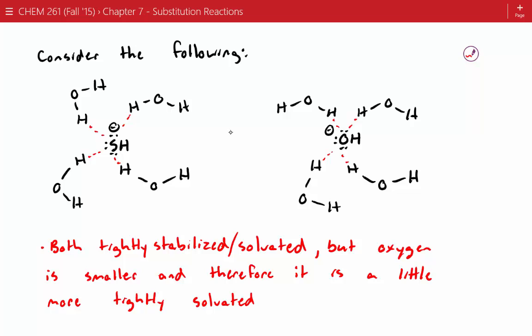You can think of this as a surface area to volume ratio, right? If you're smaller, you've got a really high surface area to volume ratio, which means you're going to interact with the outside world a lot more. If you've got a really large surface area to volume ratio, you're not going to interact with the outside world to the same degree.